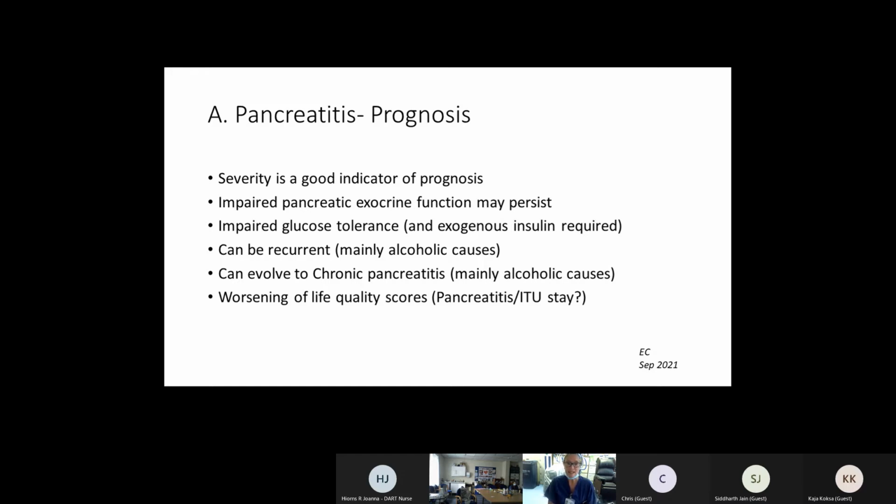What we know is that quality of life scores tend to worsen after acute pancreatitis. And in severe disease, we really don't know if this is due to the pancreatitis itself or due to prolonged ITU stay. But it's a fact that the quality of life scores decrease after this disease.